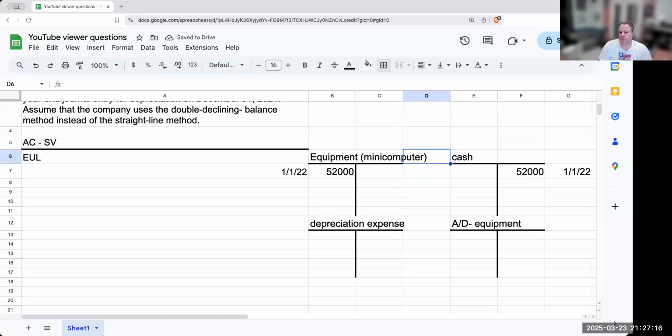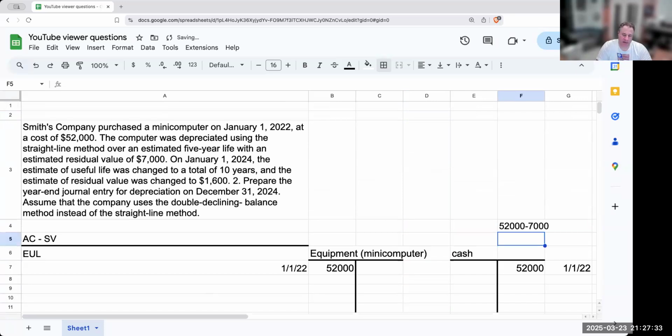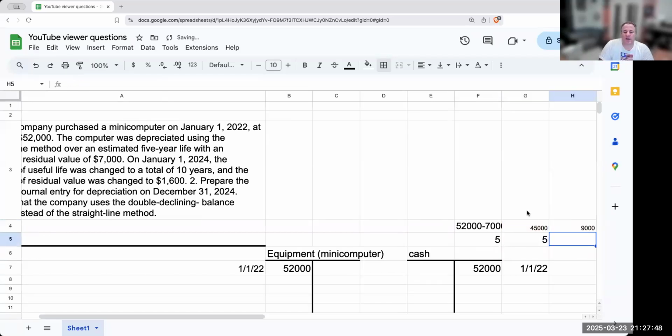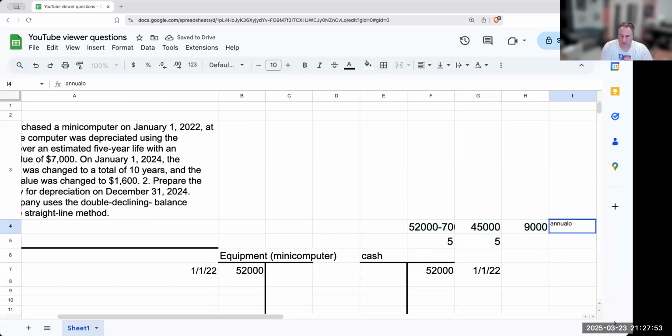For this first year, my acquisition cost was 52,000, and I'm doing this straight line. This is the formula for straight line: we're doing the same amount of depreciation each year. So this is 52,000 minus 7,000, which is my salvage value. The computer was depreciated straight line over an estimated 5-year life, so 52 minus 7, or 45,000, divided by 5, gives me $9,000 per year of annual depreciation expense.